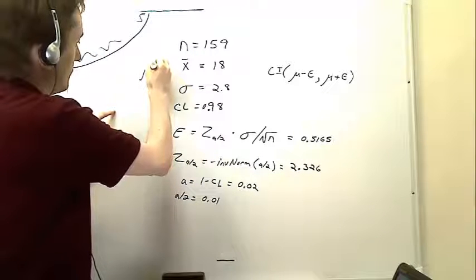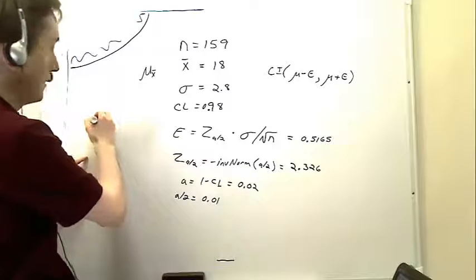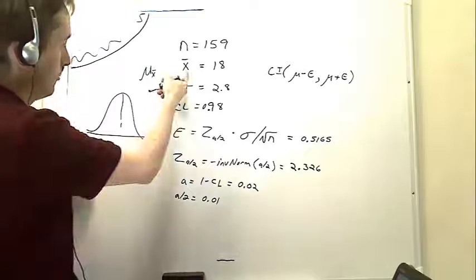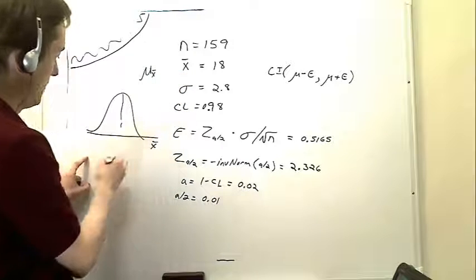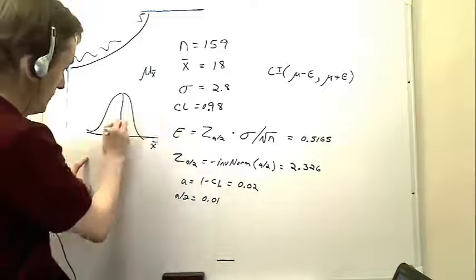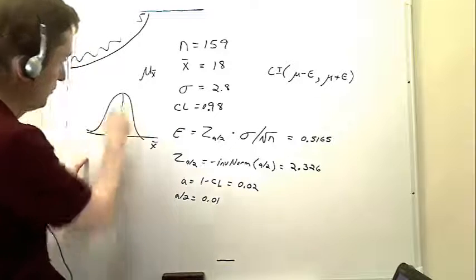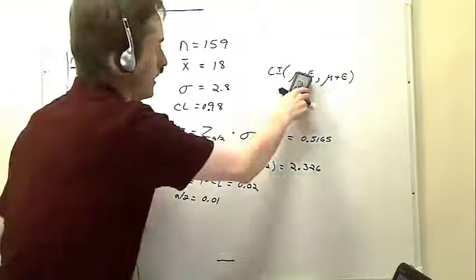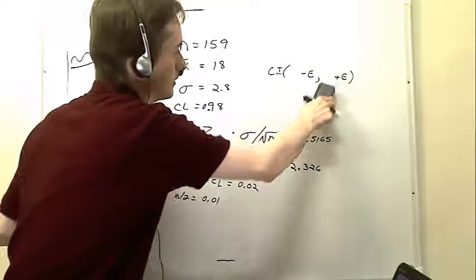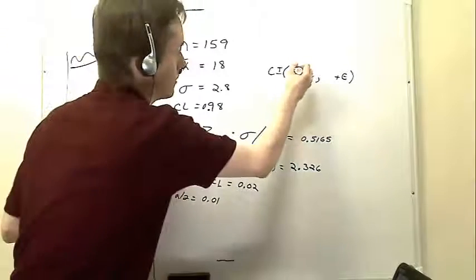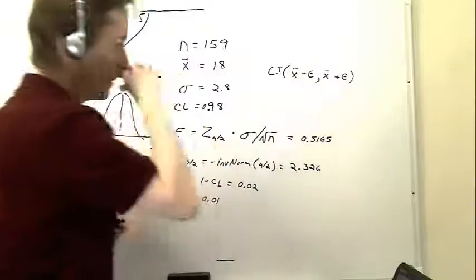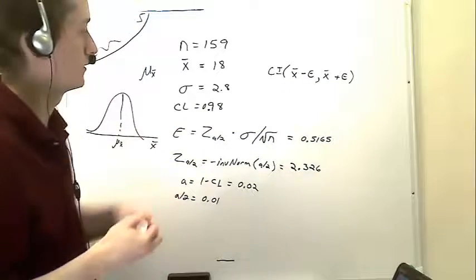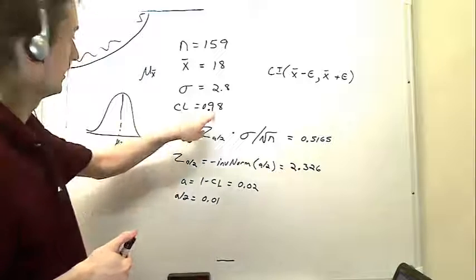This symbol, that's if you have a distribution of sample means where your horizontal axis is X bar, and you want the mean of all that, of your sampling distribution. That's what the mu sub X bar is. And this here should be X bar. And we're saying that the population mean falls within this range with a confidence of 98%.